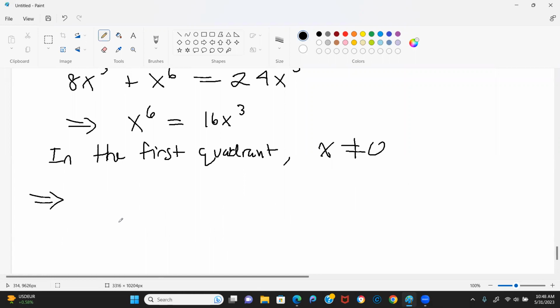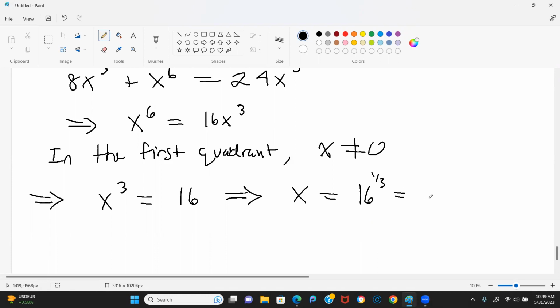So you can divide by the x cubed, you get x to the third is equal to 16, and then when you take a cube root, you get x is equal to the cube root of 16.